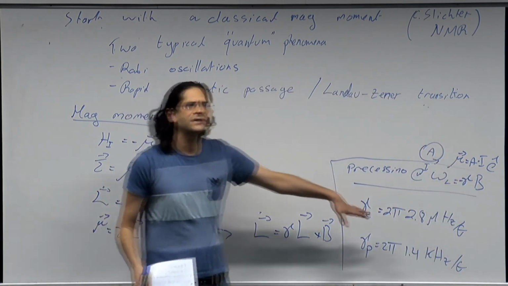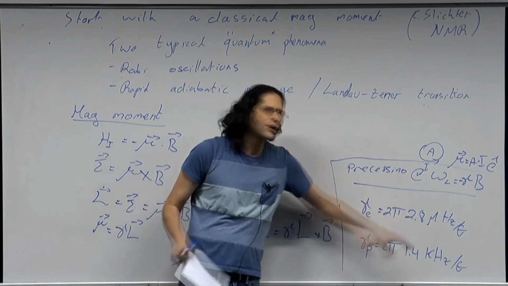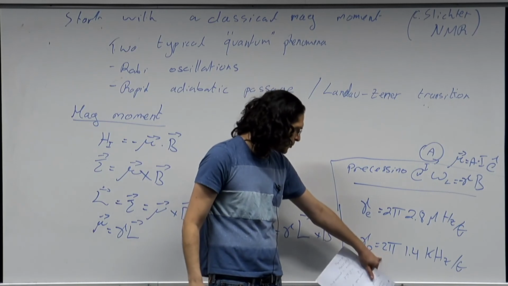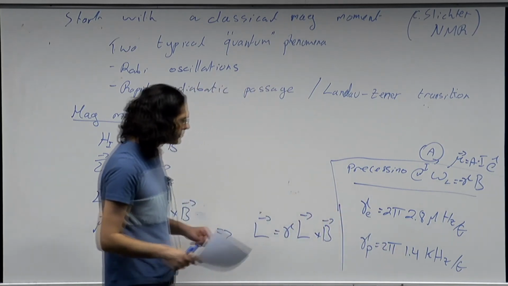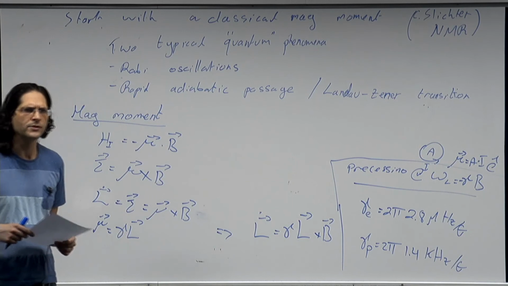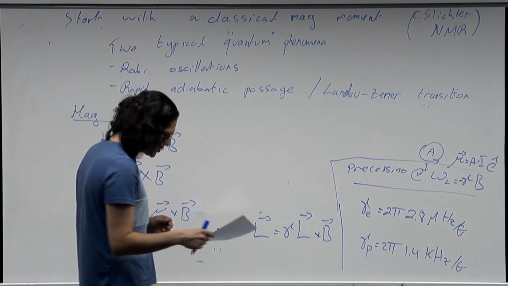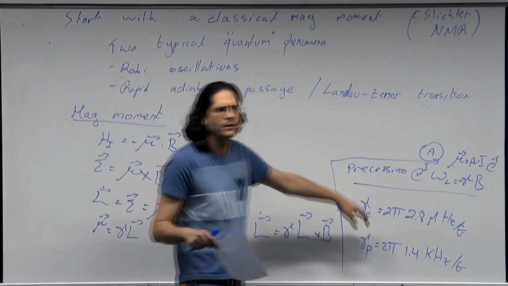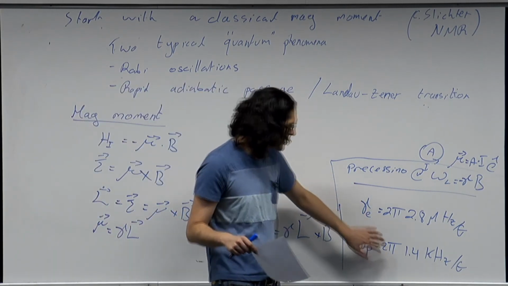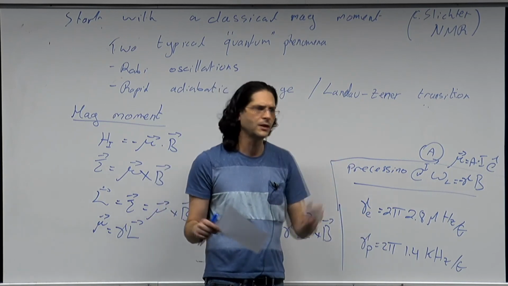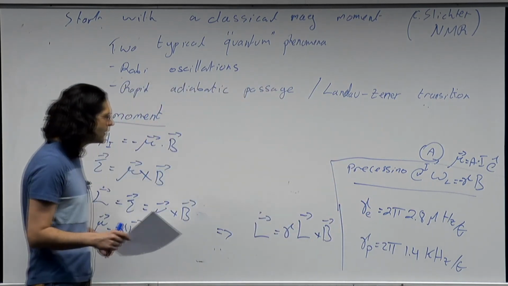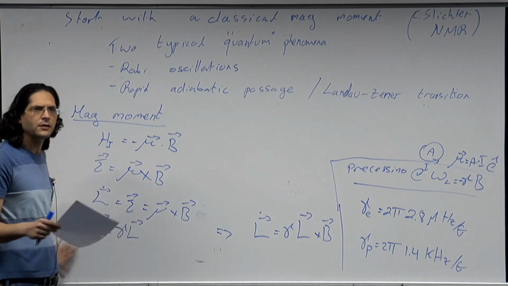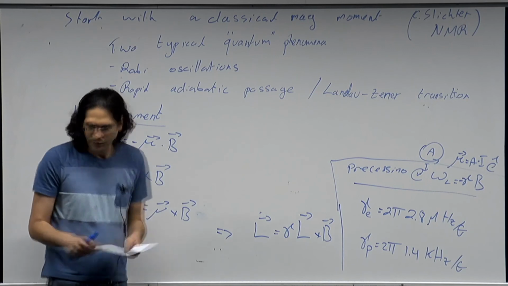So if you put 1 Tesla, you will get 28 gigahertz Larmor precession for electrons, and for protons you will get 14 megahertz precession, so about 1,000 times slower. Now these are quantum things, the electron spin and the nuclear spin, but this is just to give you numbers, so you get the orders of magnitude. But the Larmor precession is just a classical magnetic moment that precesses.